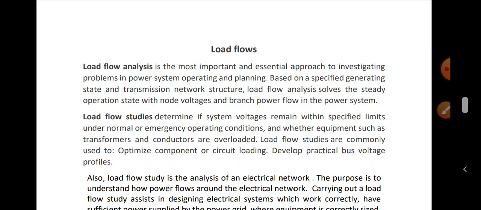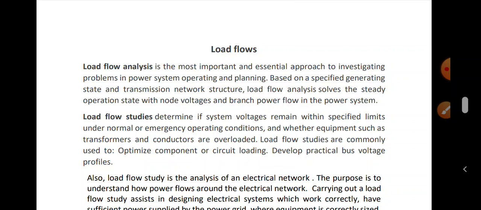So you can see the things here which I have written, just as load flow studies determine if the system voltage remains within the specified limit under the normal condition or under emergency operating condition, and whether the equipments such as transformers or conductors are overloaded or not.